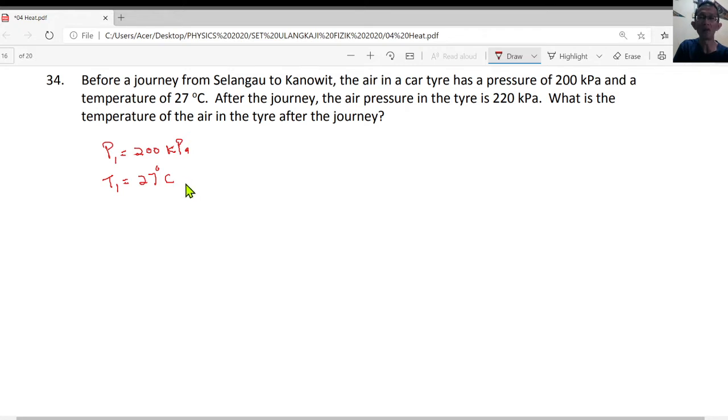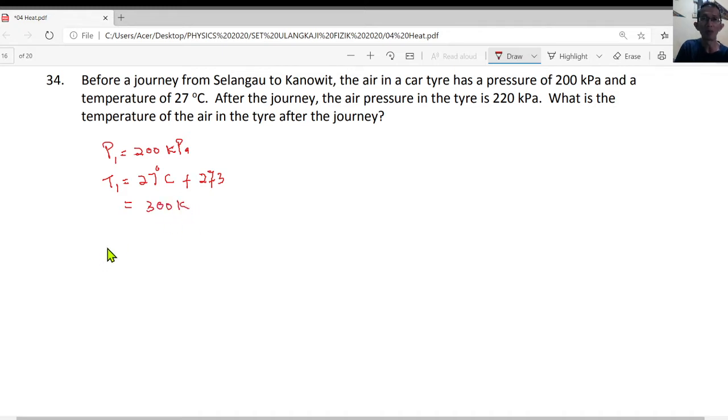So we have to convert this degree Celsius to Kelvin. How do we do that? Just add 273. This will give you the temperature in Kelvin. That will be 300 Kelvin.